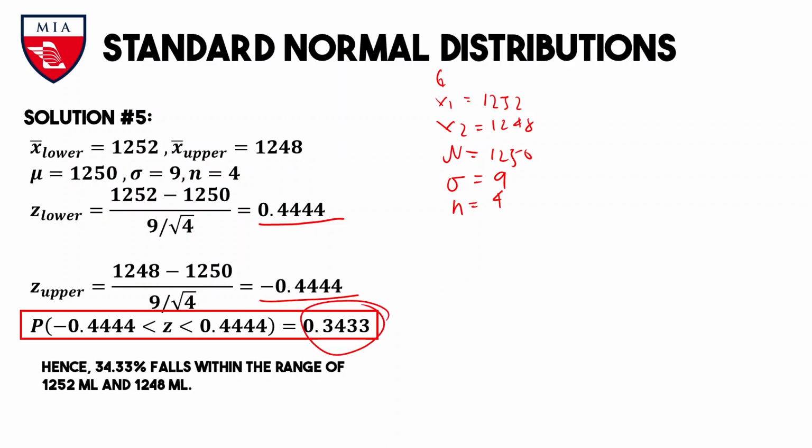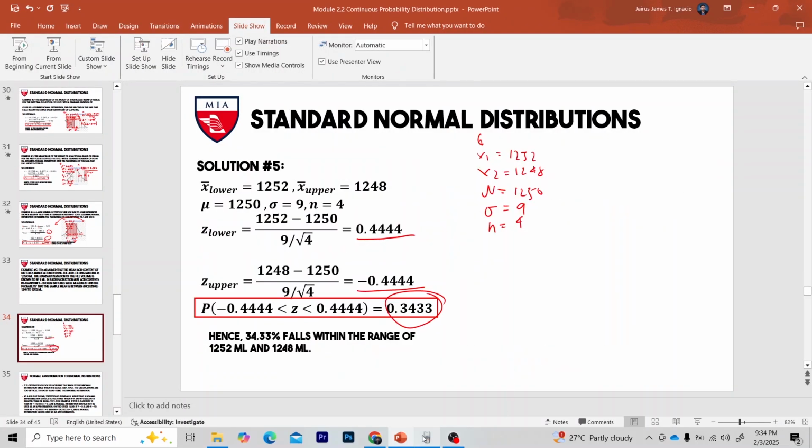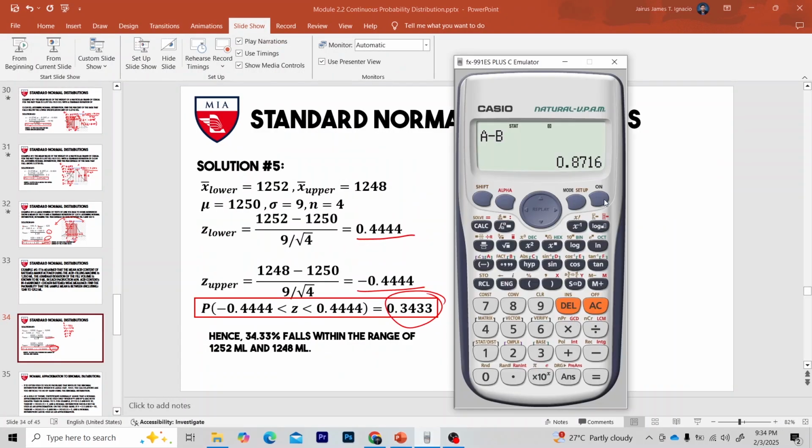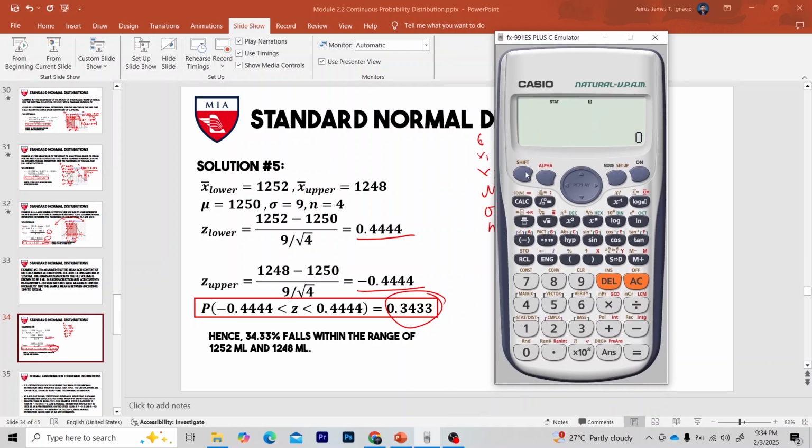So how did we come up with this value? Let's have the calculator. Shift 1 5. Let's first solve for the value of 0.4444.